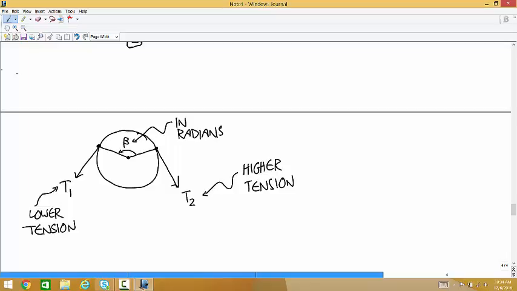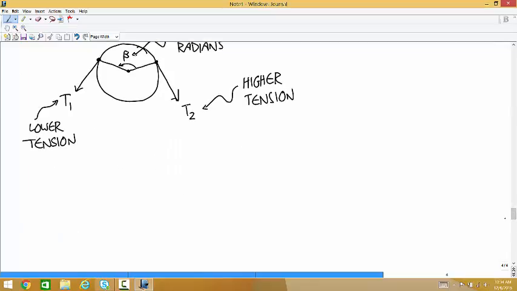Radians, so not degrees? Right. Then T2 over T1 is equal to e to the power of the coefficient of friction times beta.